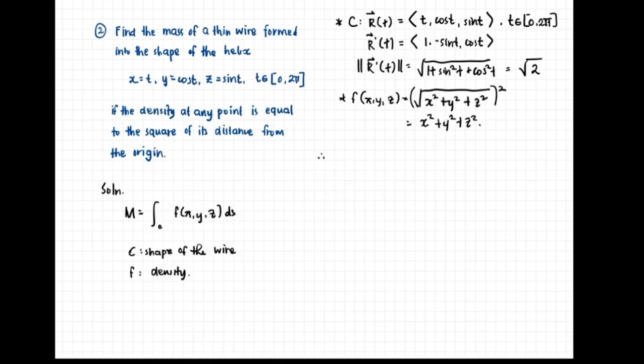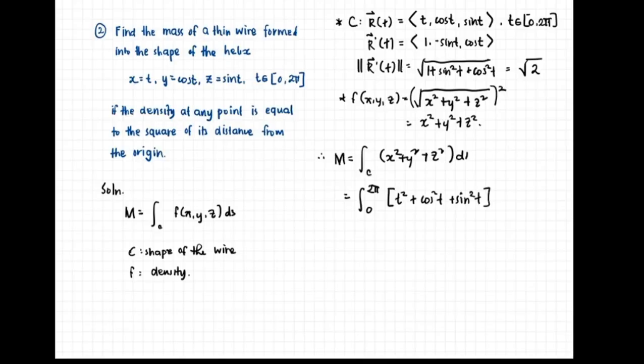And so the mass now is equal to the integral over c of x squared plus y squared plus z squared ds, or that is, this is equal now to the integral from 0 going now to 2 pi of x squared is t squared plus y squared is cosine squared t plus z squared is sine squared t.